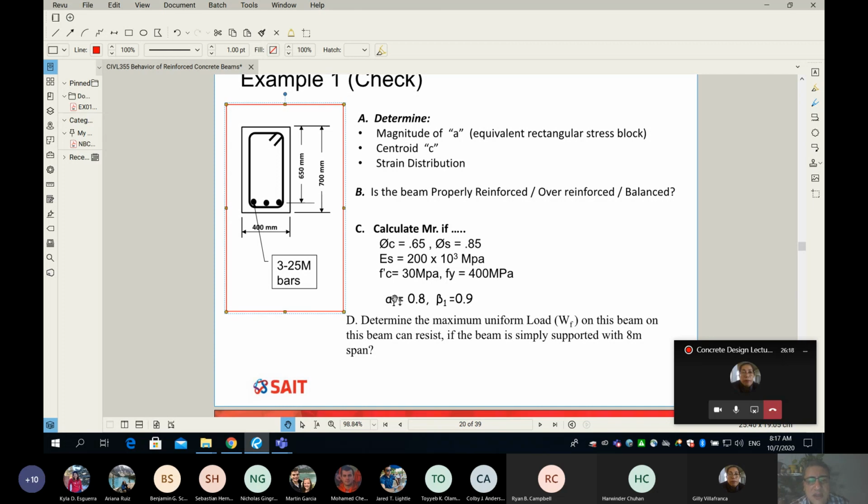Other information: f'c, the concrete strength, is 30, and f_y is 400. Can anybody in this class look at this beam and eyeball it and say whether this beam is going to fail in tension, balanced or compression mode? Can anyone do that just by looking at the section? If you can, let me know.